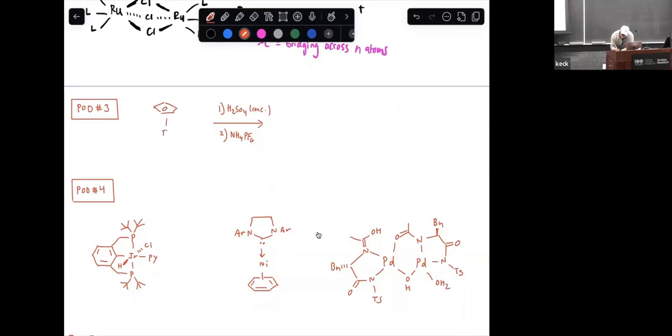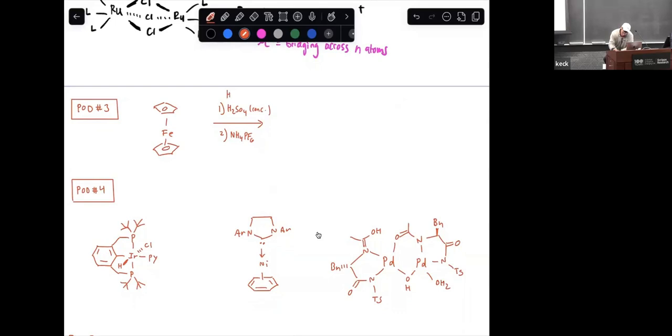So we have ferrocene as the starting material. What might happen here? Is it possible the sulfuric acid loses a proton, coordinates to the iron, forcing one of the cyclopentadienes to slip? Oh, okay, that's an interesting proposal.